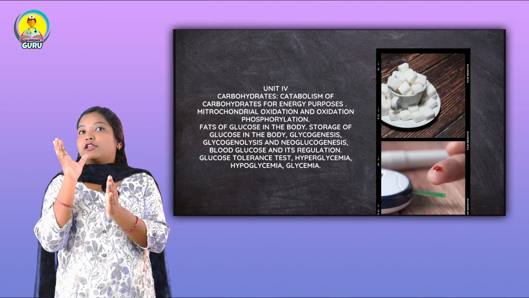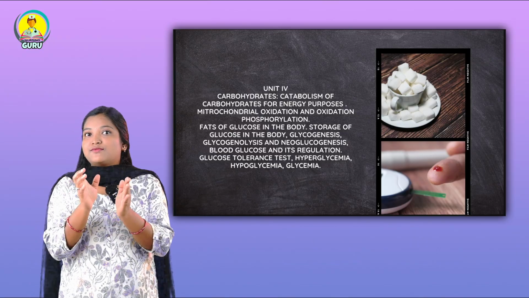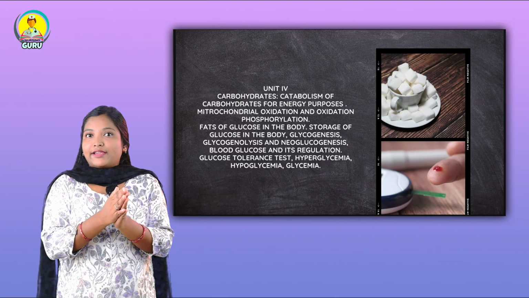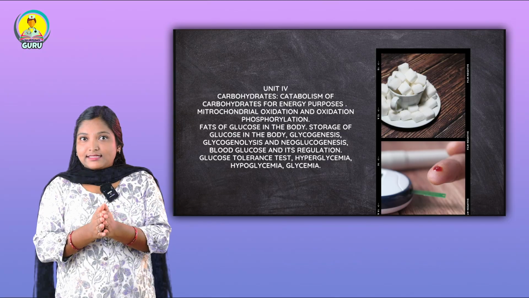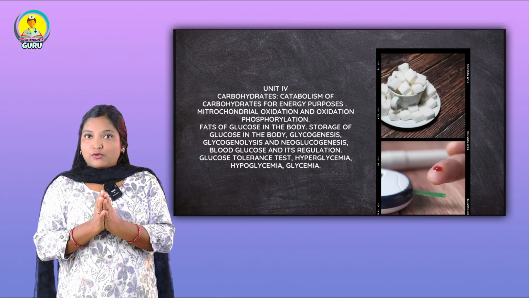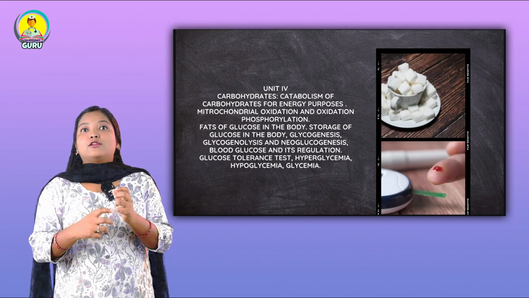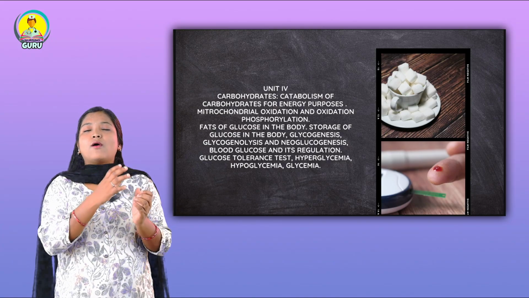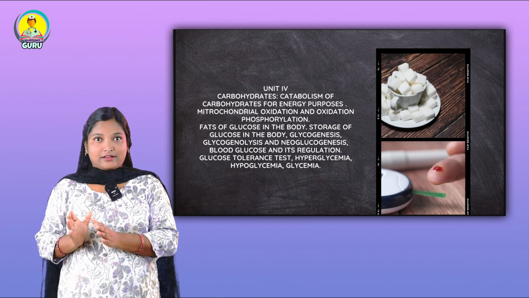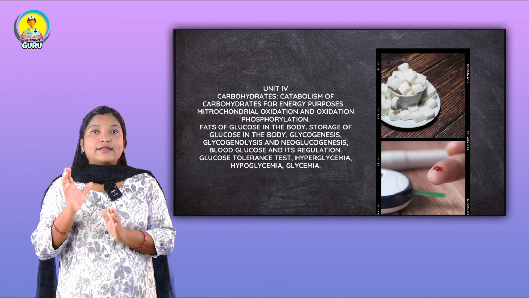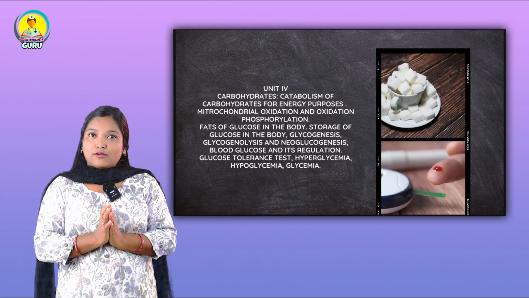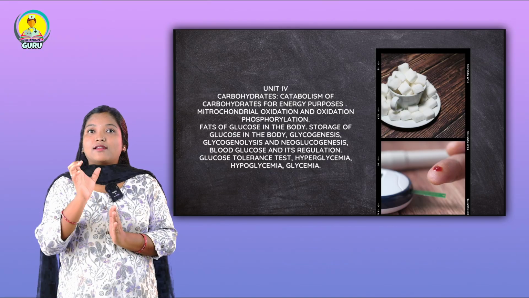Here mainly we need to focus on the storage of glucose, that means we need to study glycogenesis and gluconeogenesis, glycolysis, and the blood glucose and its regulation, glucose tolerance test, hyperglycemia, hypoglycemia. These are all the things we need to study in this particular unit. Meanwhile, the important thing is the glucose tolerance test, and glycolysis, gluconeogenesis, these are all the cycles.